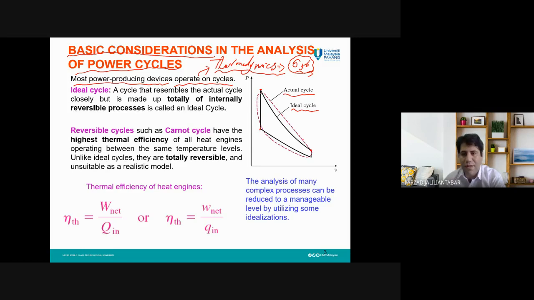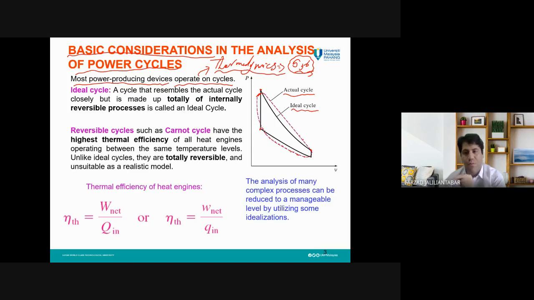The actual cycle, as you can see, is a curve even at the corner. To draw this path, the dash line, we need to have information about each point. Each point on this dash line is required.